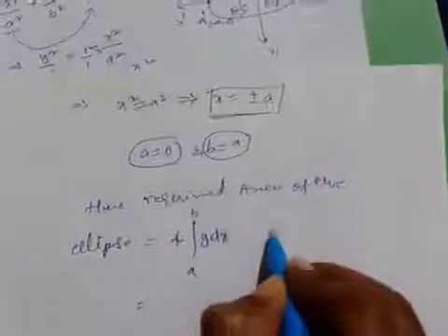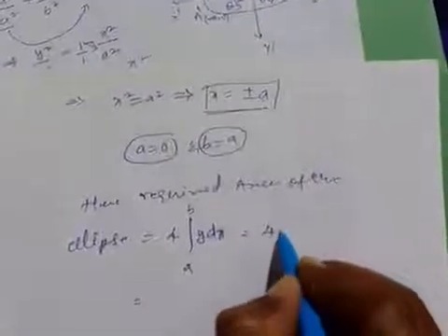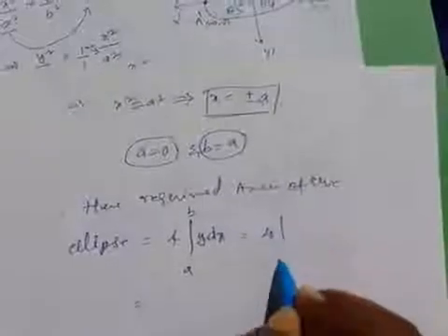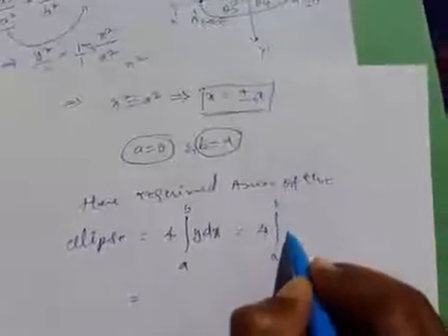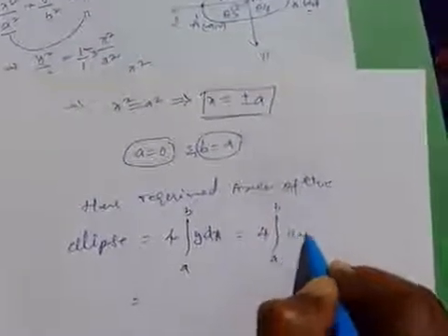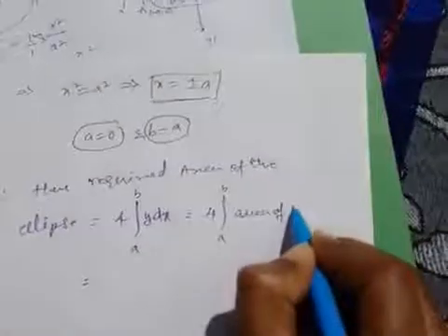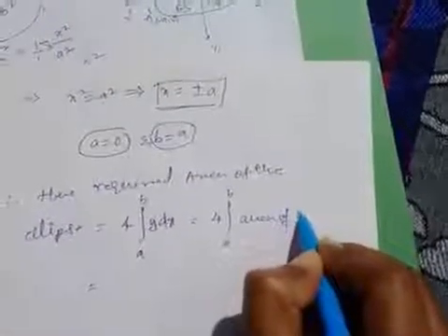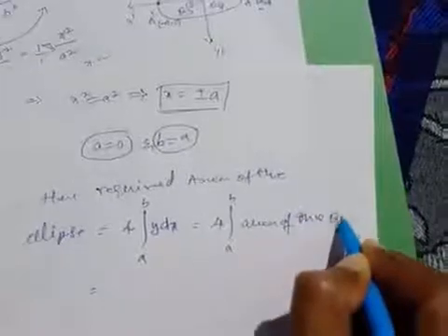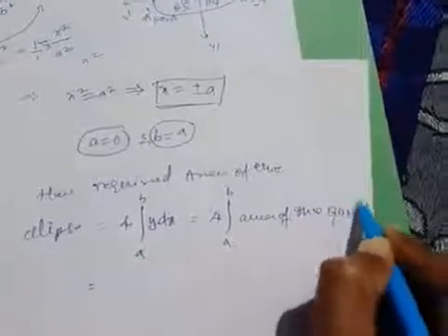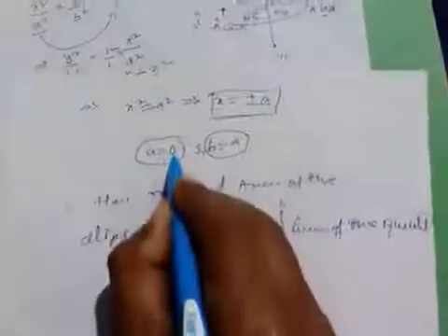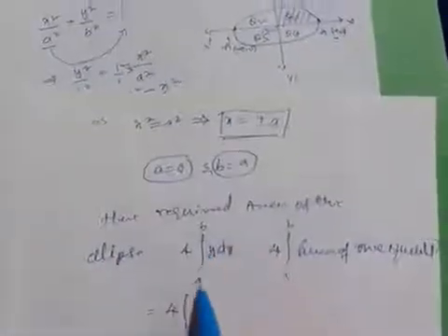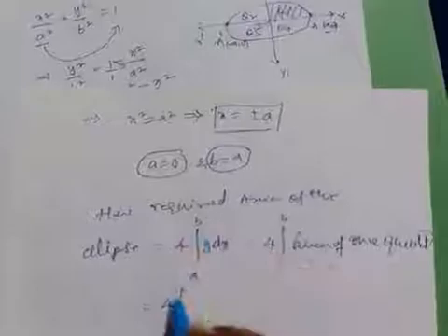Why it is 4: because 4 into integral a to b is the area of the first quadrant, the area of one quadrant. So 4 into integral, the lower limit value is 0, and the upper limit value is a.